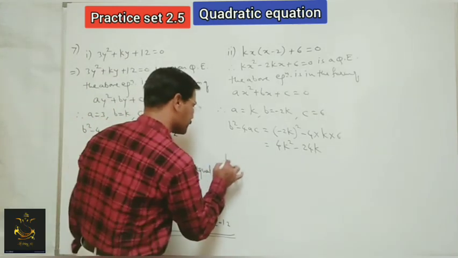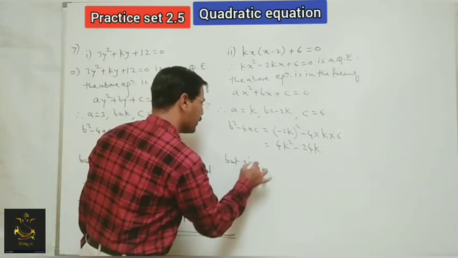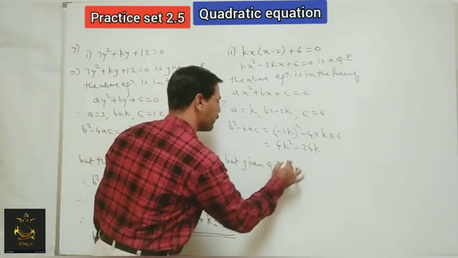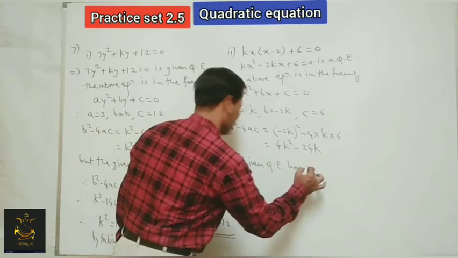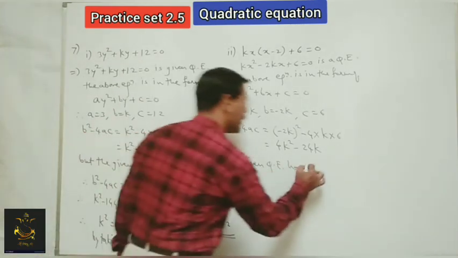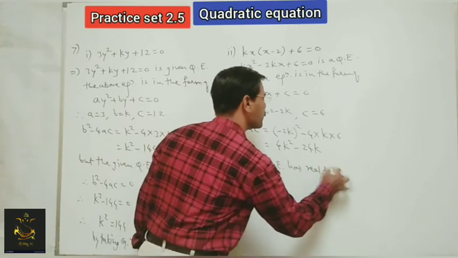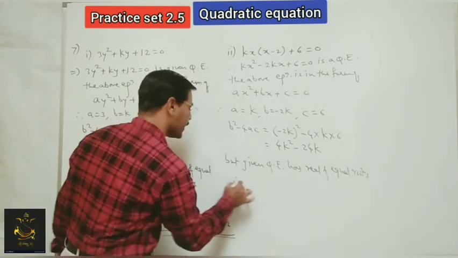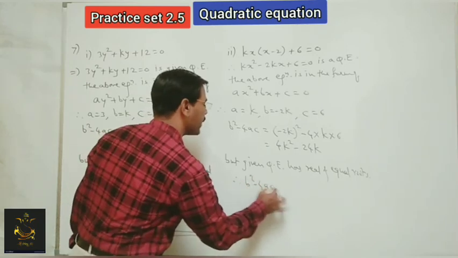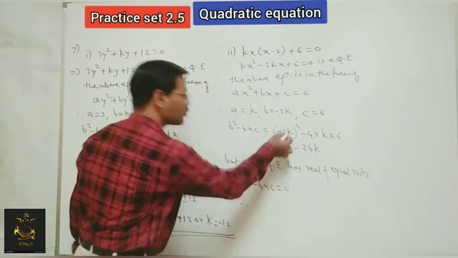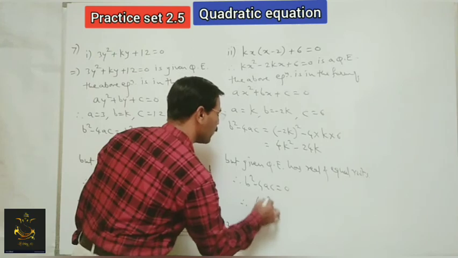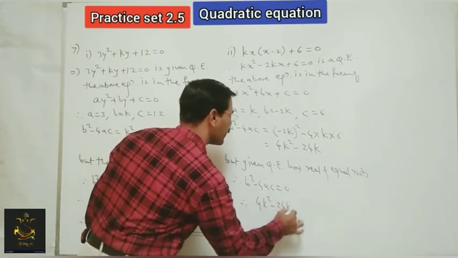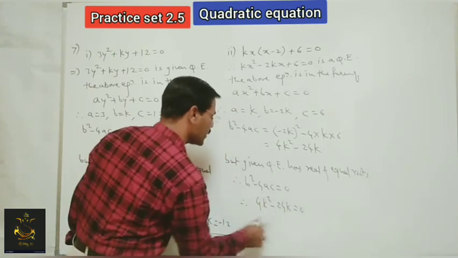But the given quadratic equation has real and equal roots. Therefore, what can you write here? B square minus 4ac equal to 0. So by comparing these two, 4k square minus 24k equal to 0.